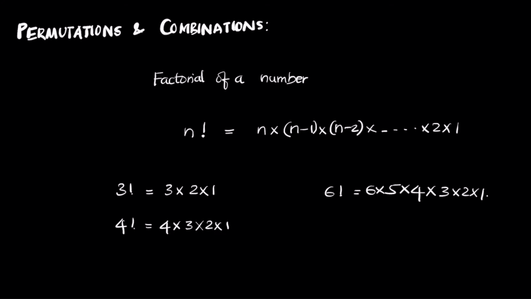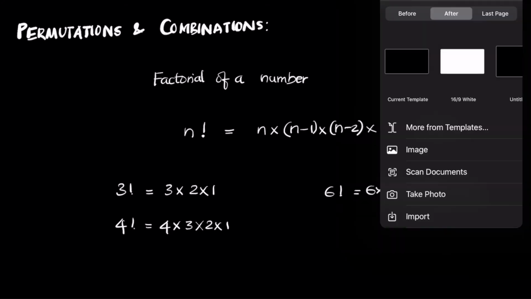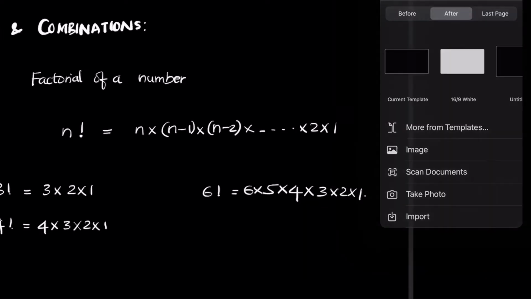Now what is permutation and combination? To understand binomial distribution, it's important to understand what permutations and combinations represent. So let's start with permutation.